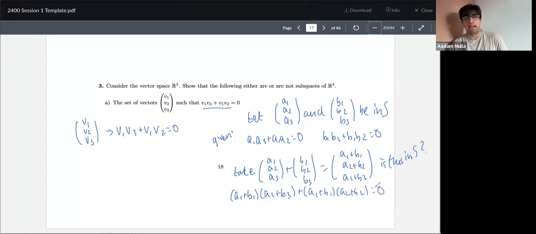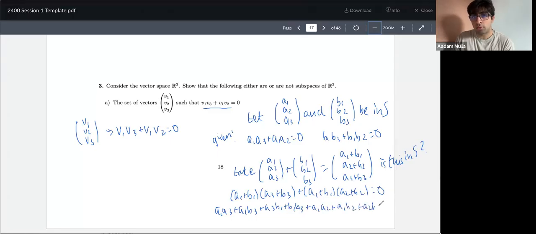Okay, and I think I've done this problem before. You do the algebra out, and let's not waste time. But maybe we just do it: A1A3 plus A1B3 plus A3B1 plus B1B3 plus A1A2 plus A1B2 plus A2B1 plus B1B2 equals 0.